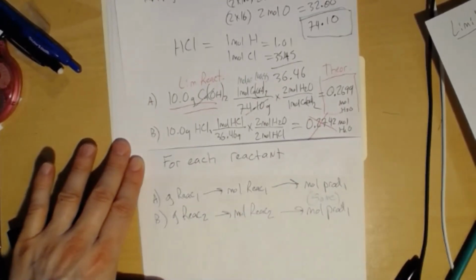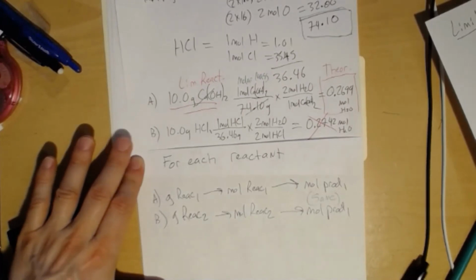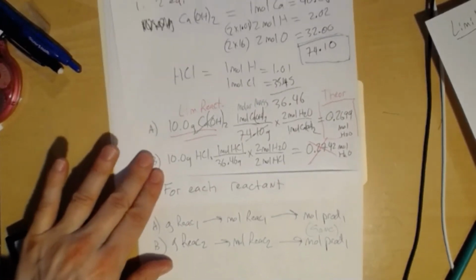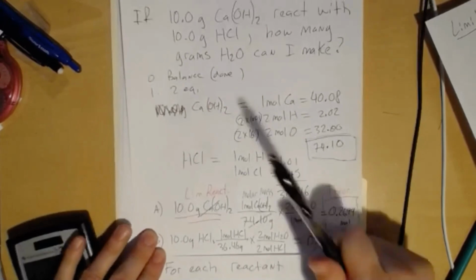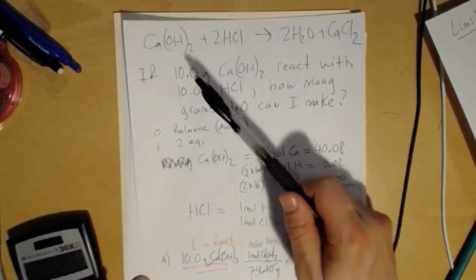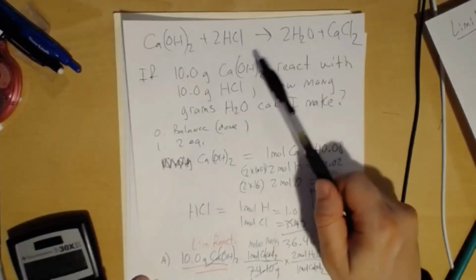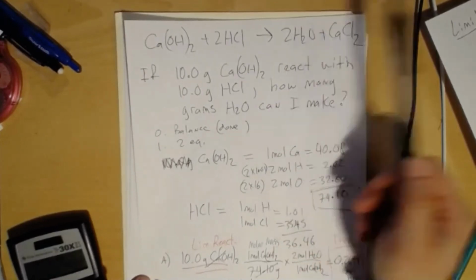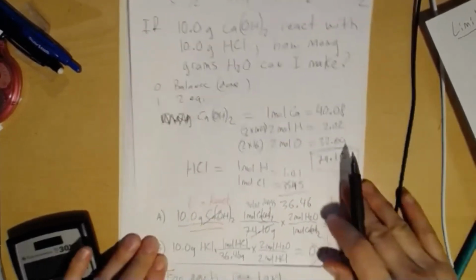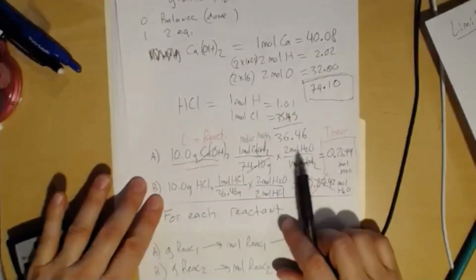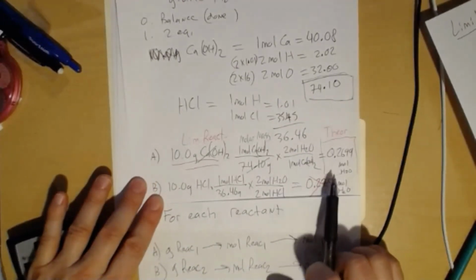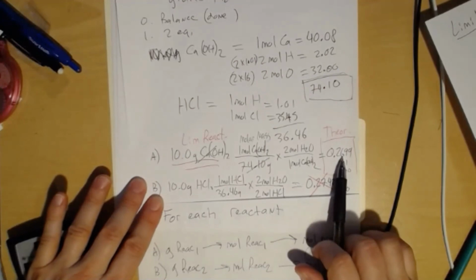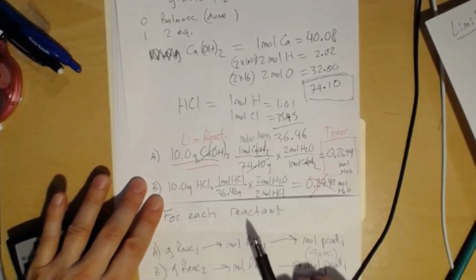If they're not the same product, then I can't compare it. So let's go back to the equation for a sec. If I had used the calcium hydroxide to calculate calcium chloride and used the HCl to calculate water, then I have 2 different things. I can't compare them. But what I did is I used both of them to calculate water. Then I could compare and said, aha, this one makes less water than that one. Yeah?